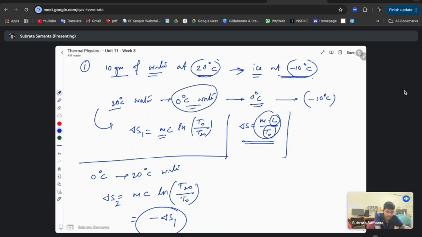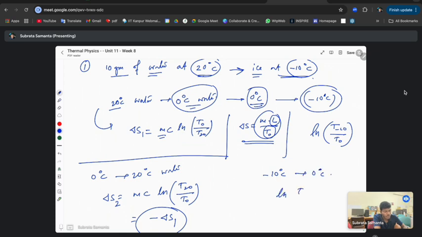And the third step is again the same procedure. When you change 0 degree to minus 10, it is T minus 10 over T0, or when changing minus 10 to 0, it is ln T naught over T minus 10.